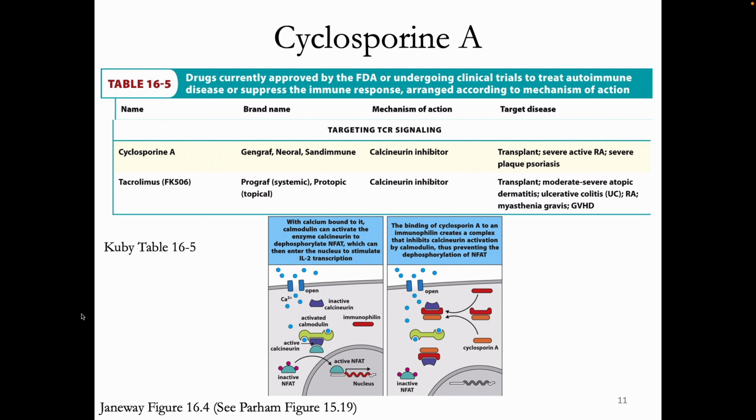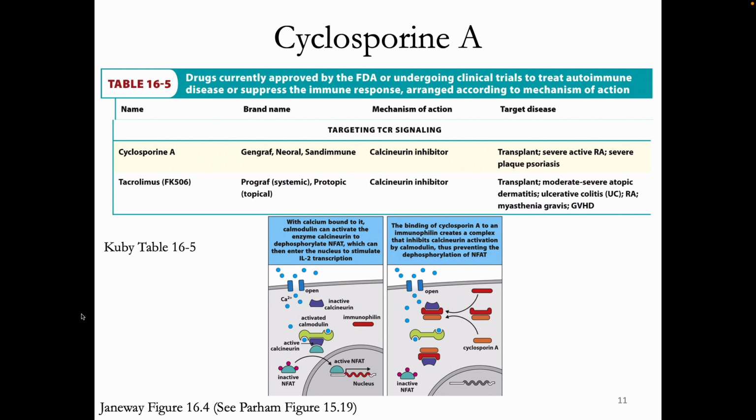Cyclosporin A, which is this little orange oval, binds to calcineurin so that calcineurin and calmodulin cannot come together. And NFAT can never be activated. It just sits there in the cytoplasm, and we can never turn it on.